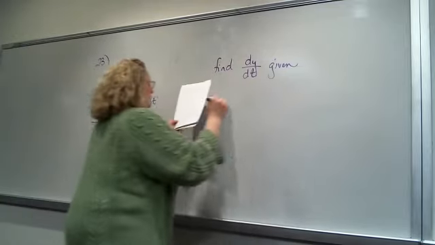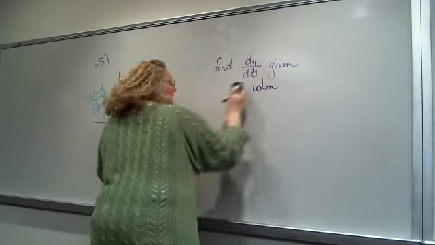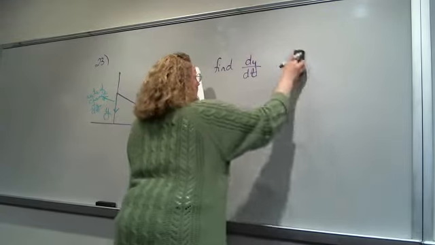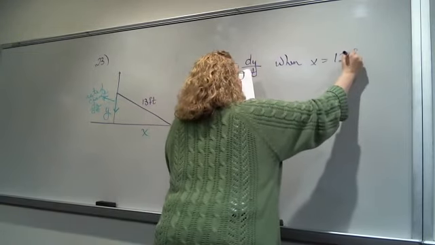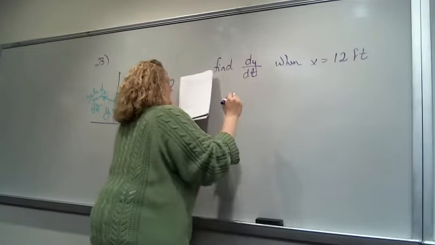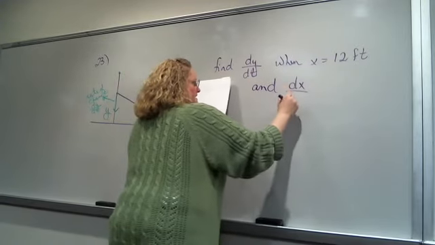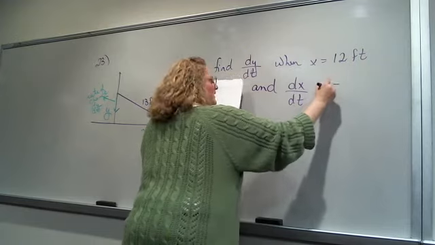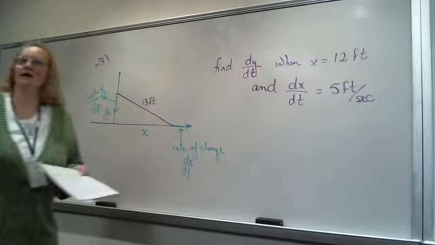When x is 12. So find dy/dt when x is 12 feet. Anything else? And dx/dt is what? 5 feet per second.